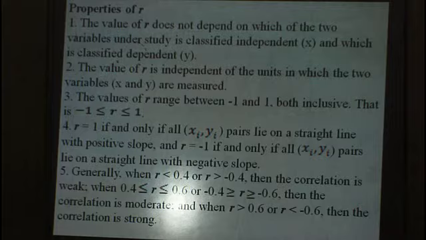That's what we mean by the value of R being independent. It does not depend on whether the units are the same or the two variables involved are the same or not.